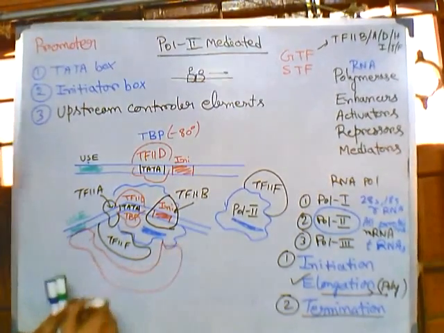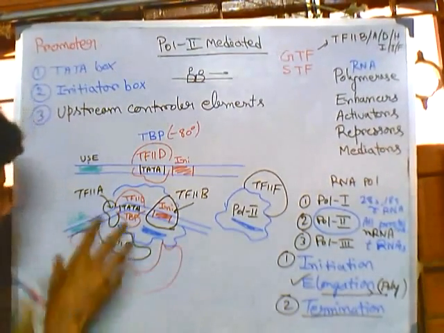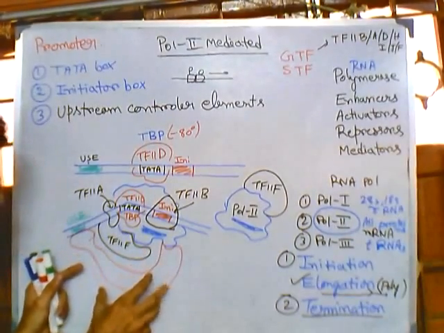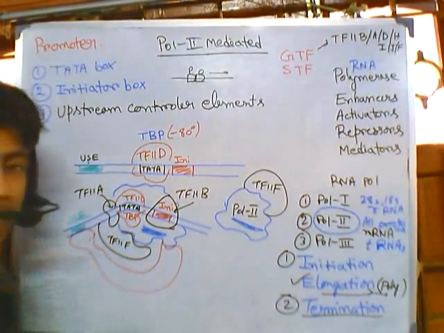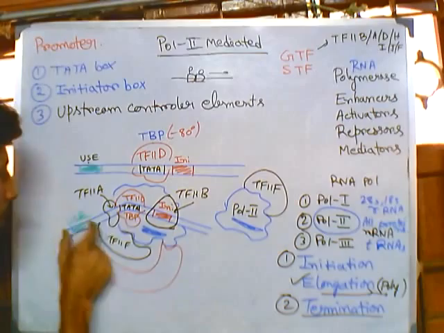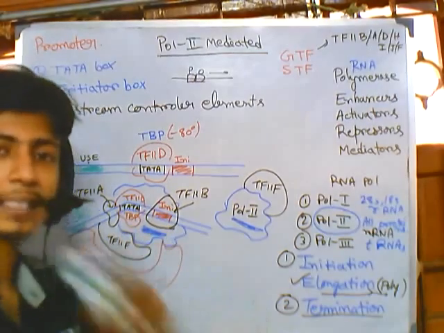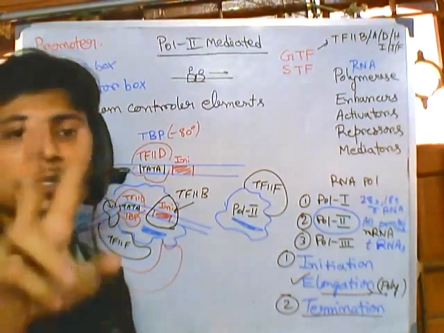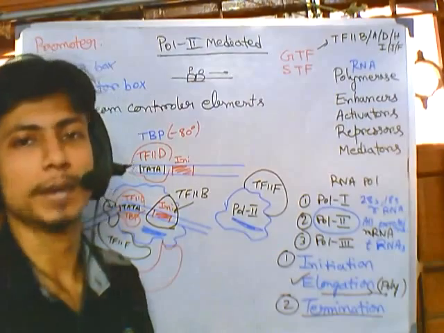This is the interaction. So this is the specialized transcription factor. It will interact with the upstream control element and polymerase II both at the same time. So it has two different domains for binding.